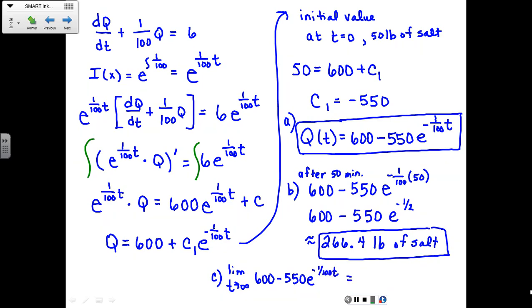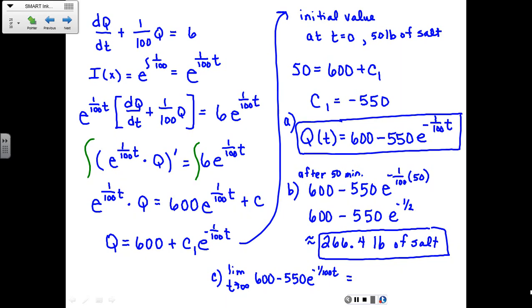Now, it shouldn't take y'all very long, but it just depends on if y'all remember how to do this. If I plug infinity into this, I can't plug infinity into 600. So this is going to be e to the negative 1/100 times infinity, which makes it negative infinity. E to the negative infinity would go where?